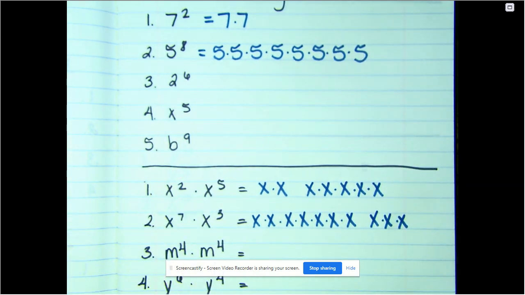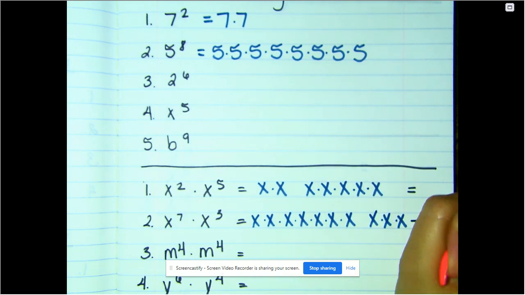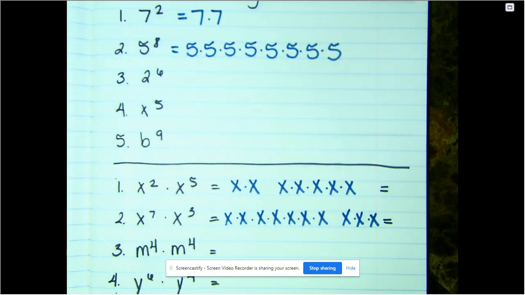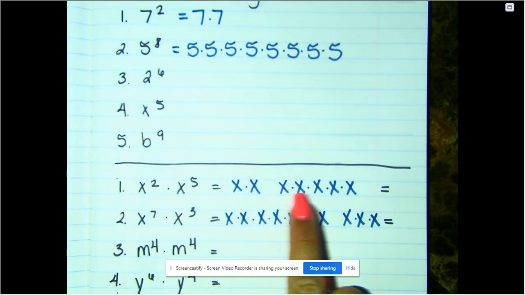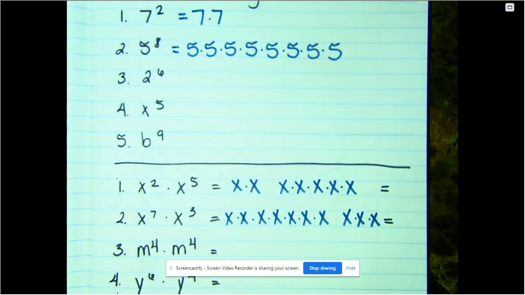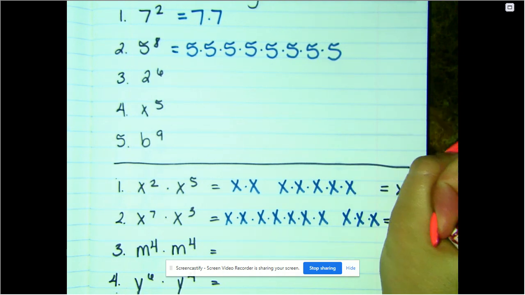Okay. As you complete 1 through 5 all the way down, the last and final step is counting up how many x's are in each of them. Okay, so for this one, I have 1, 2, 3, 4, 5, 6, 7. So that becomes x to the 7th power.